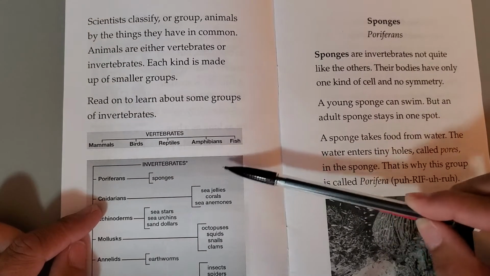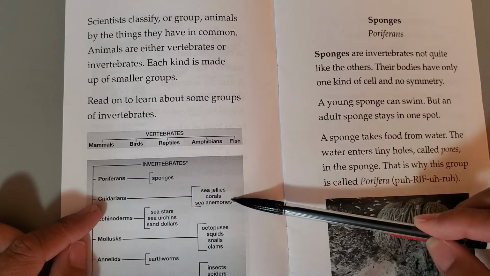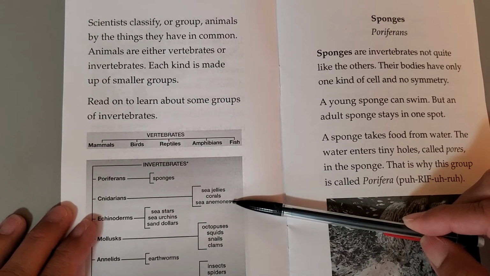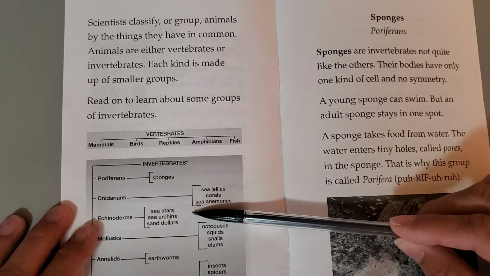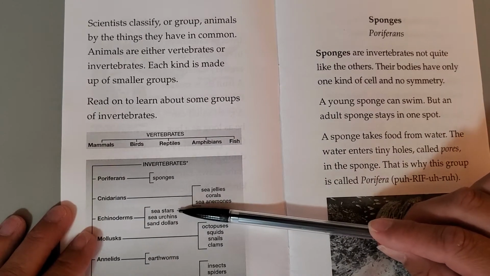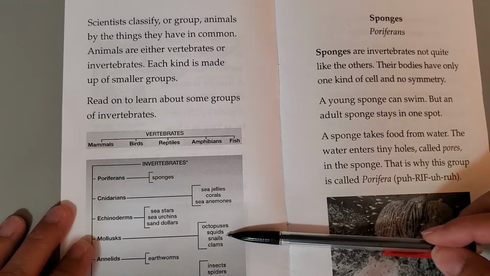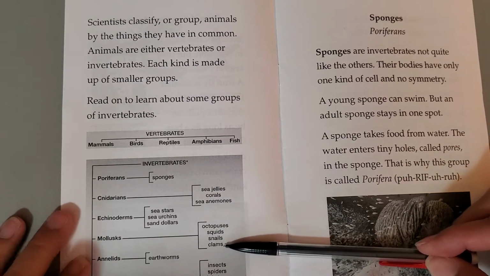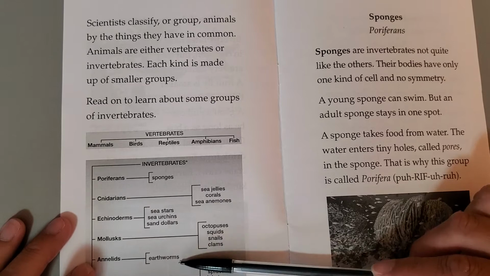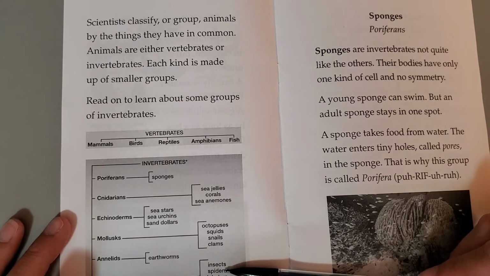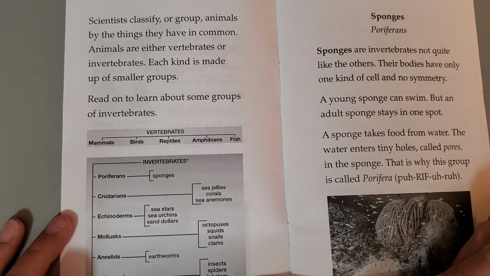The cnidarians are sea jellies, corals, and sea anemones. Sorry. The echinoderms are sea stars, sea urchins, and sand dollars. Mollusks are octopus, squids, snails, and clams. The annelids are the earthworms, and the arthropods are insects, spiders, lobsters, and millipedes.